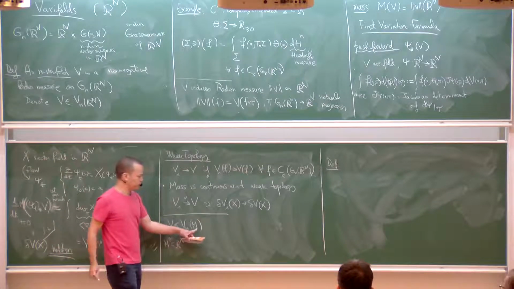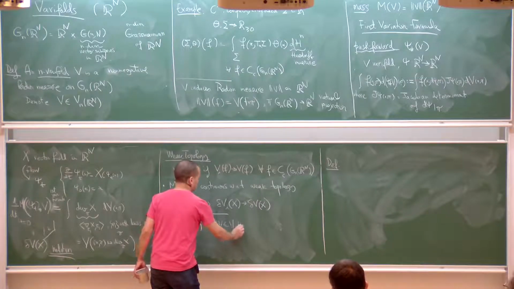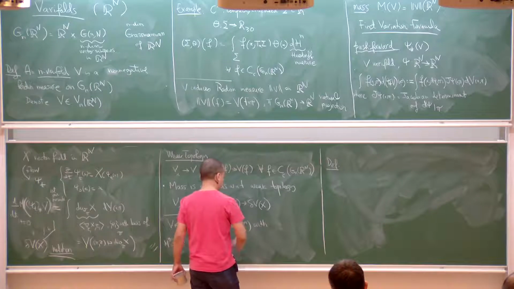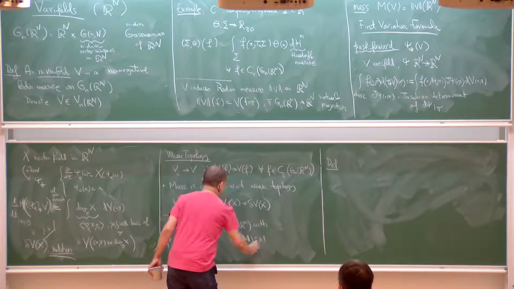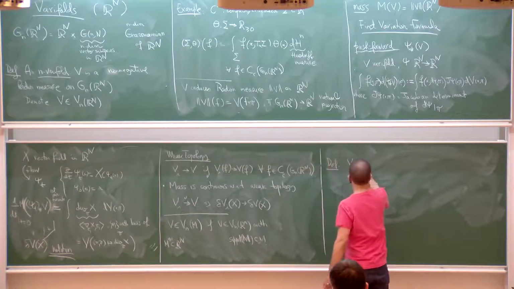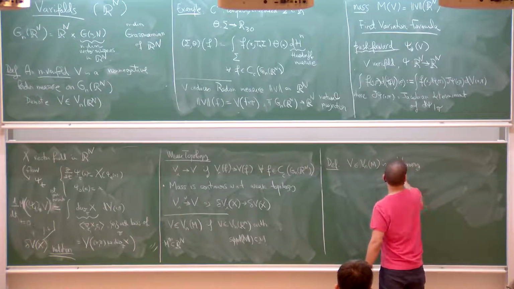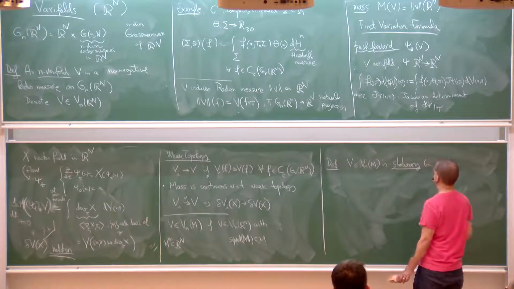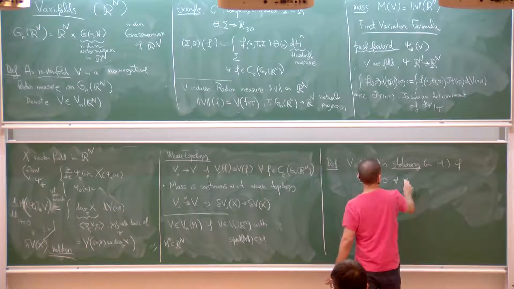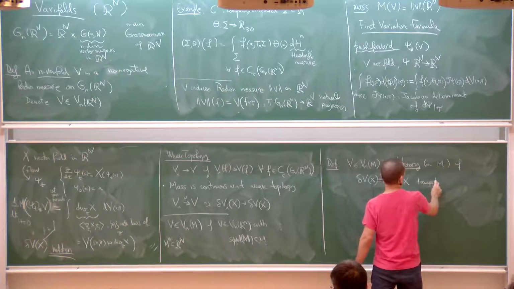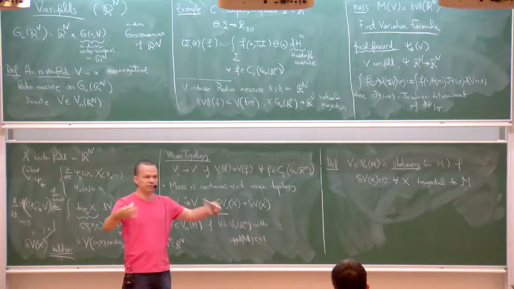So this is just a varifold whose support is contained in M. Definition: a varifold in my manifold M is called stationary in M if the first variation is equal to 0 for every X that is tangential to M. So the first derivative of the area is equal to 0 for every variation that preserves my manifold.